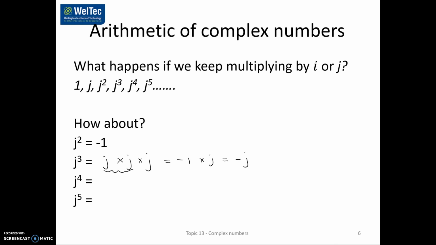If we did j to the 4, it would be j times j times j times j, 1, 2, 3, 4, right? And each of those would be -1, so it would be -1 times -1, which is +1. When we're on to j to the 5, we could look at that as being j to the power of 4 times j, and we've just worked out that j to the power of 4 is 1, and that would be 1 times j, that would be j.